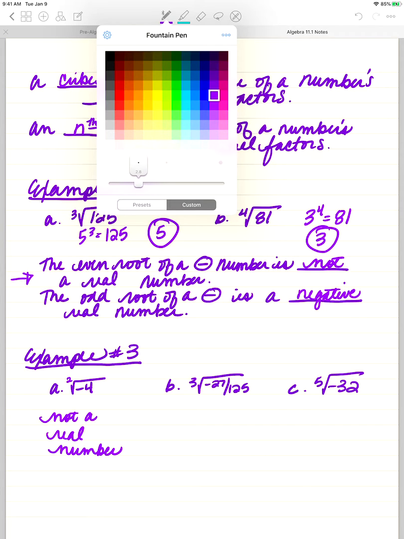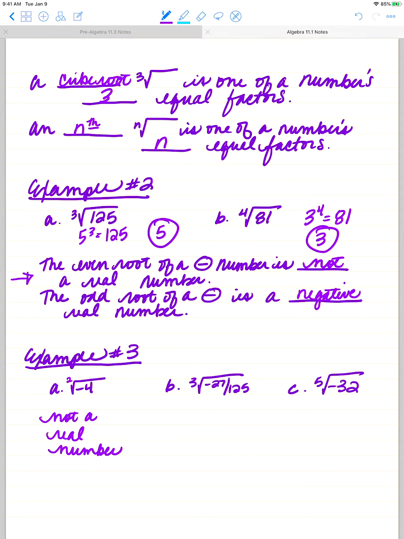Let's just talk about what's the cube root. What's the cube root of 27? The cube root of 27 is 3. What's the cube root of 125? It's 5. This is negative, and our rule up here says the odd root of a negative number is a negative number. So the cube root of negative 27 over 125 is negative 3 over 5.